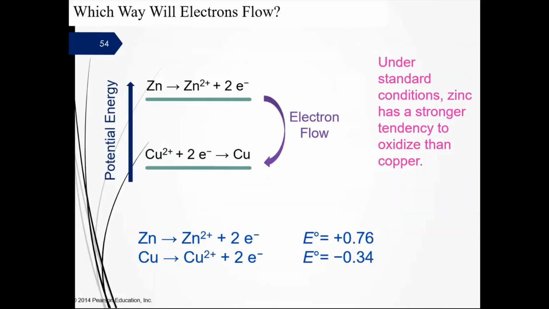And so if we look at our zinc and our copper reaction over here, you can see that zinc going to zinc 2+ gives us this 0.76. Copper going to copper 2+ requires this amount of energy right over here.